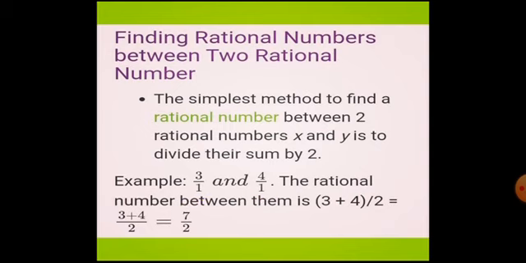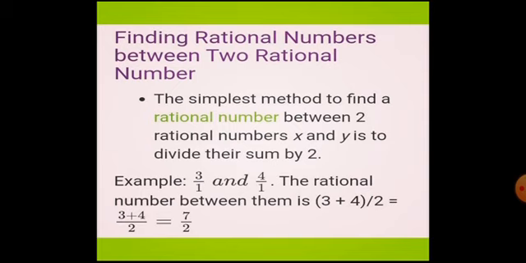We can write 3 in the form of the rational number 3 upon 1 and 4 as 4 upon 1. So here I have two rational numbers, 3 upon 1 and 4 upon 1. If we have to find one rational number between them, we simply take the sum of these two numbers and divide it by 2.